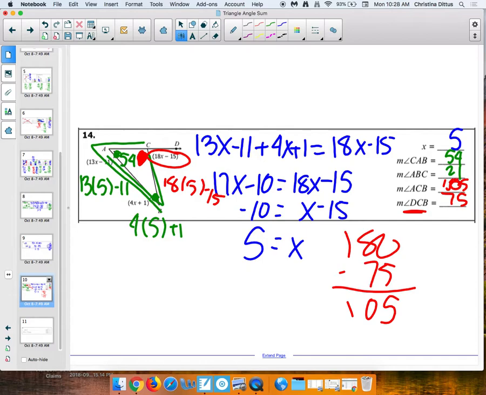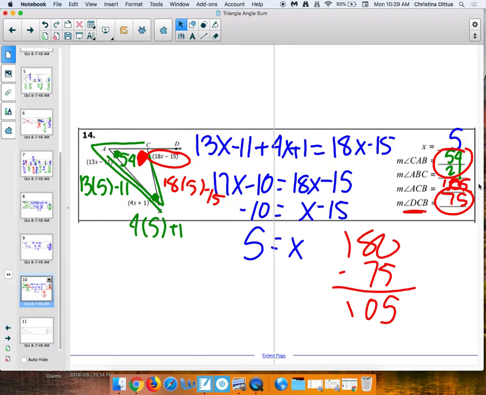To check, 54 and 21 better be 75, because that's how we set up our equation. If you add the first three, you should get 180.